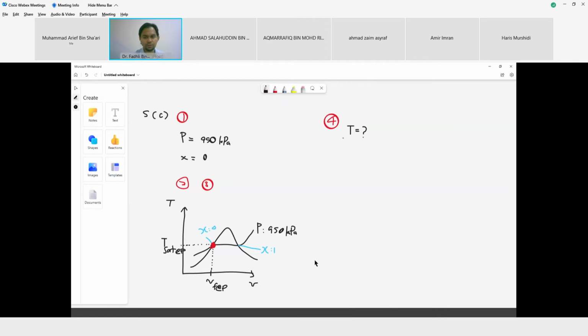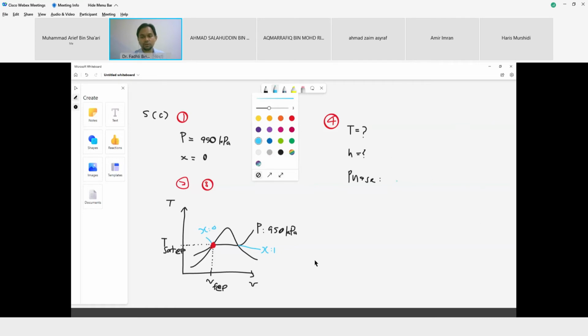Enthalpy dan juga phase. Okay, so untuk phase mudah, sebab if we look at our TV diagram, then we know the phase is steady.